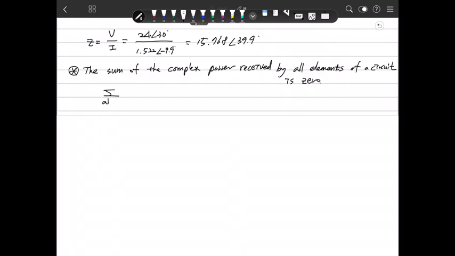That means all Vk Ik conjugate will be 0. That means all active power is 0 and all reactive power is 0.